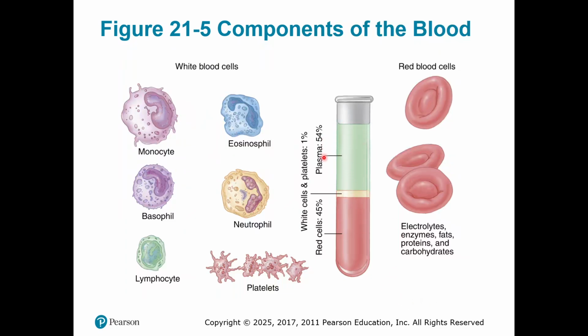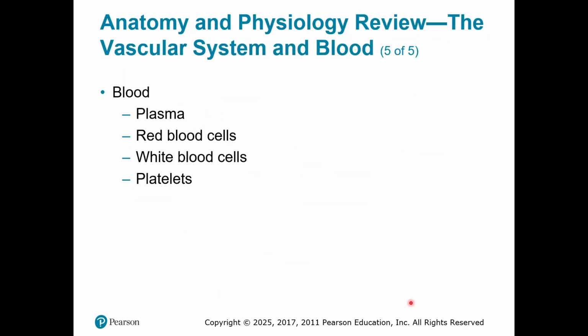That makes sense because 54% is plasma, which is mostly water with some proteins. Then 45% red blood cells, and 1% white cells and platelets. So when we talk about blood, we're talking about plasma, red blood cells, white blood cells, and platelets.